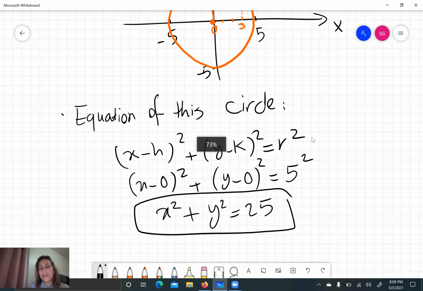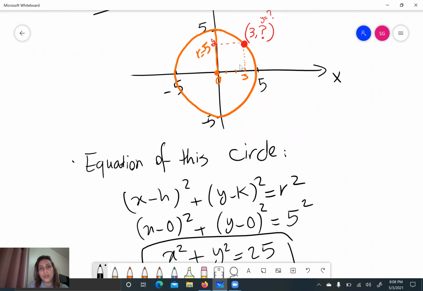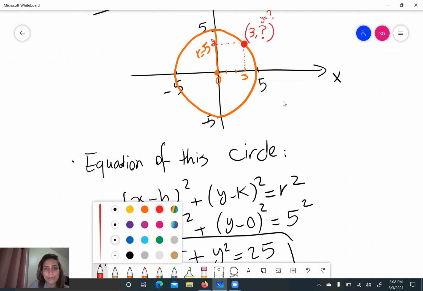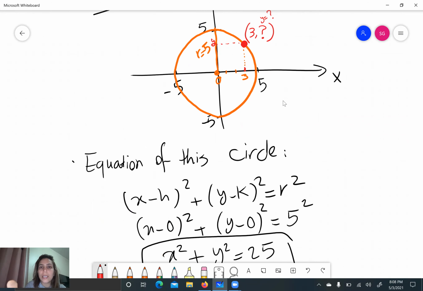Now the question is, what is the y value when the x value is 3? Please pay attention that, in fact, when the x value is 3, we have 2 points. One point is here, and there is also this point. There are 2 points on this circle that both have the same x value, but a different y value.